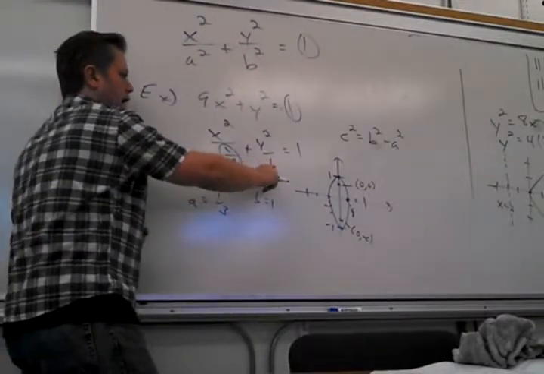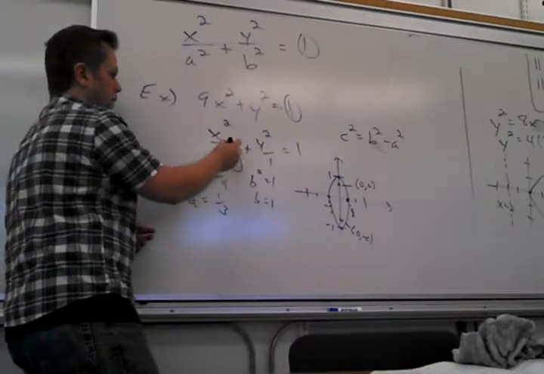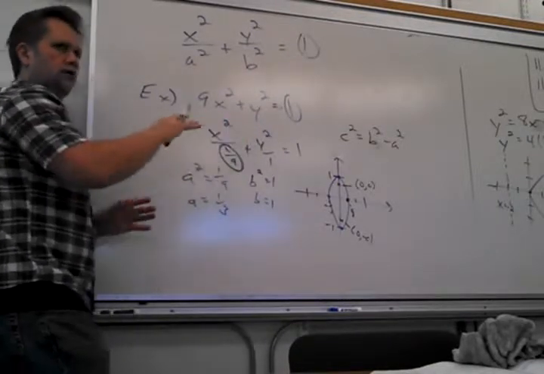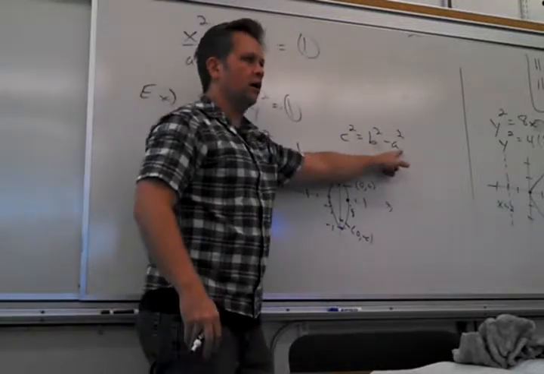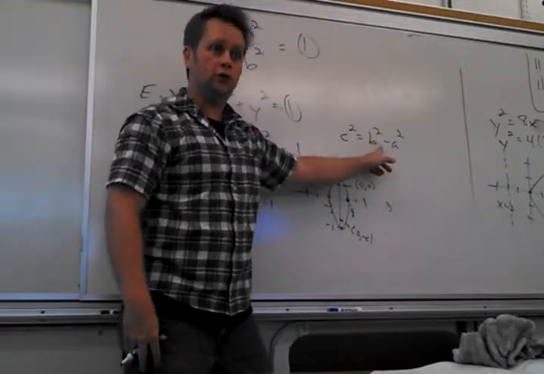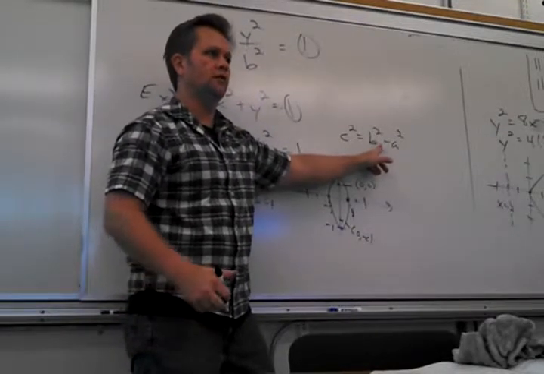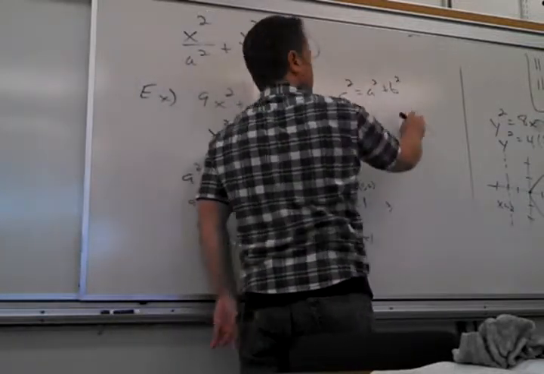For ellipses, it calls A the bigger one and B the little one, so it would make this B squared. I always just made the thing under X A squared. Because it doesn't matter, whatever one is bigger is going to go first, or else you have some imaginary focal length, which is really neat. Let's not do that. So I would always just say, okay, Pythagorean theorem is this.